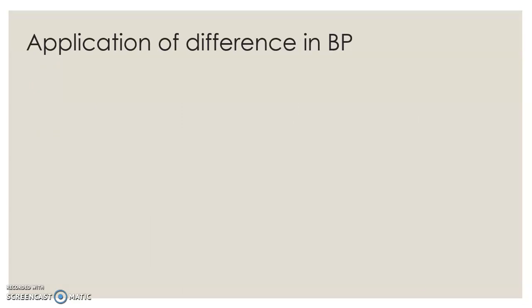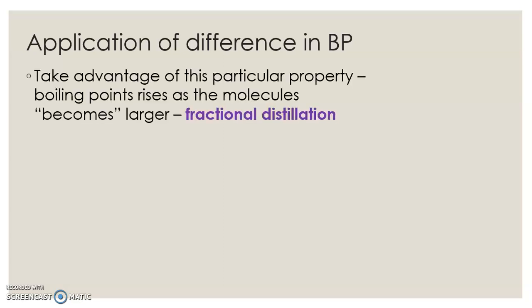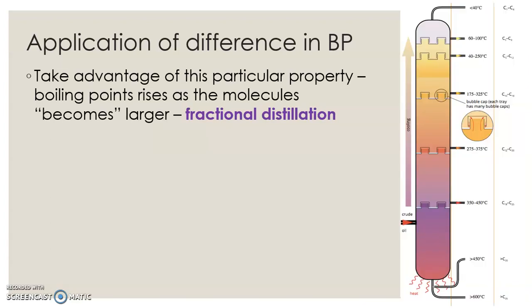Now, we actually have learned about one case of applying difference in boiling point in chemical production. That is called fractional distillation. That is this tower. So if you still remember from year 11, this is a tower used to separate the components of crude oils.